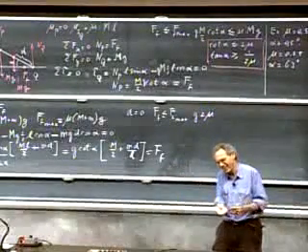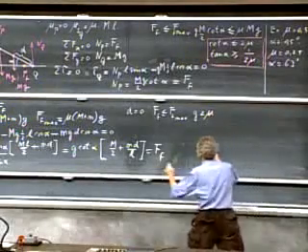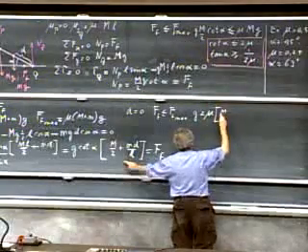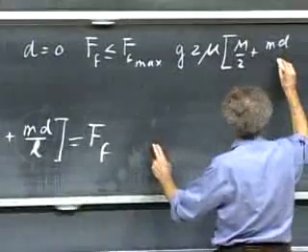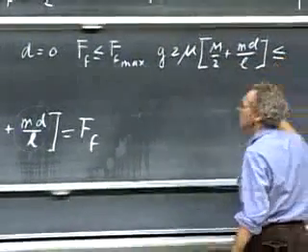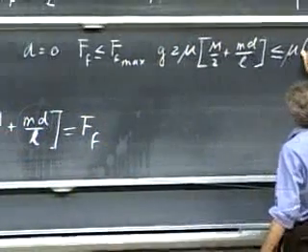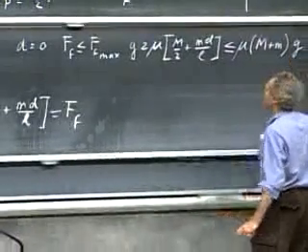I start exactly at the angle so that the ladder is sort of just hanging in there. So g times 2 mu times (M over 2 plus m times d divided by L) has to be less than or equal to mu times (M plus m) times g.